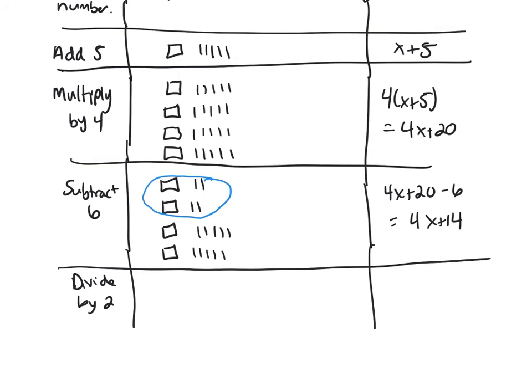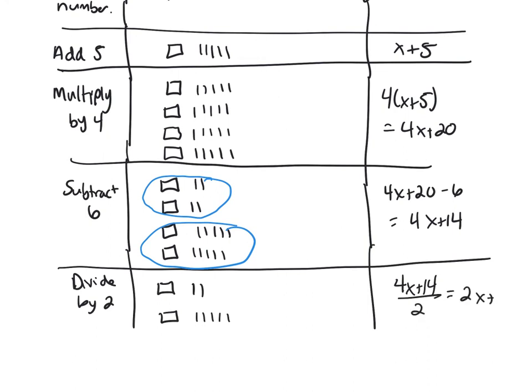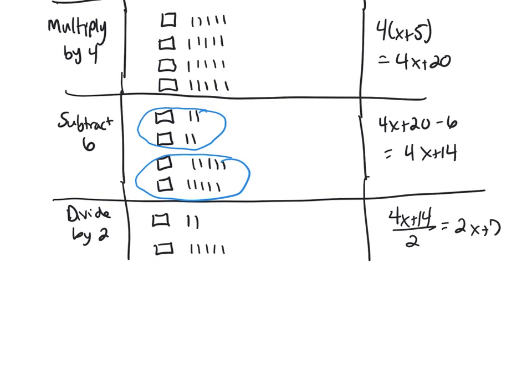So those 2 are identical, so they'll collapse down into a square and 2 boxes. And these are identical, so it'll collapse down to 1, a square, and 5 lines. So you're dividing by 2. You get 2x plus 7, which is exactly what we have represented in this picture.